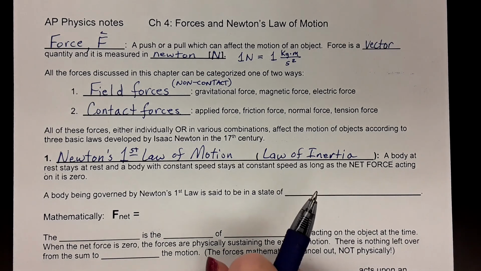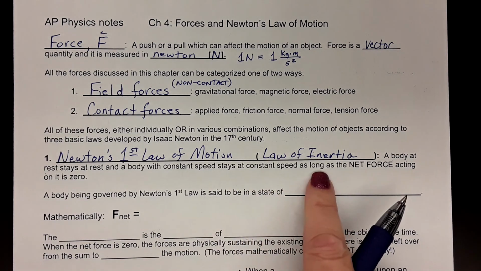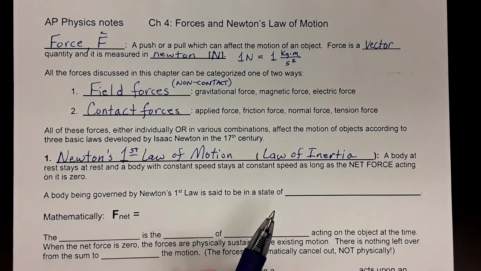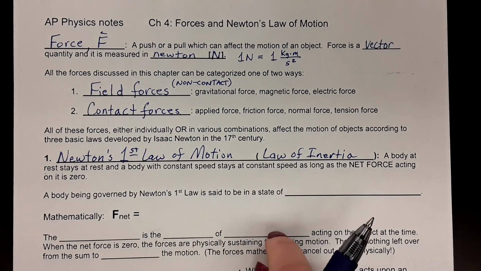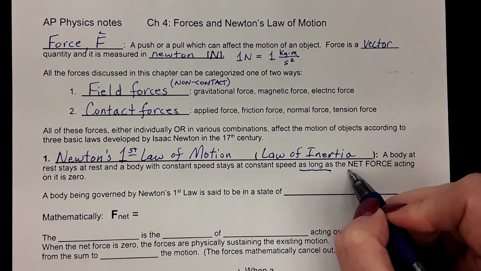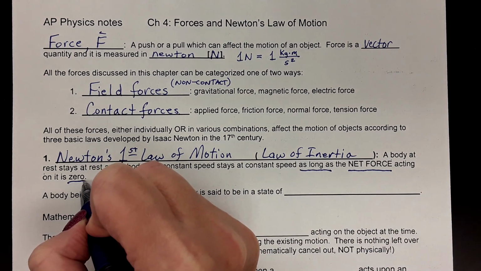So if you're traveling down the interstate at 50 miles an hour, your car wants to continue moving at 50 miles an hour because of inertia. And this will happen. A body at rest will stay at rest, and a body at constant speed will stay at constant speed under one condition: as long as the net force acting on the object is zero.